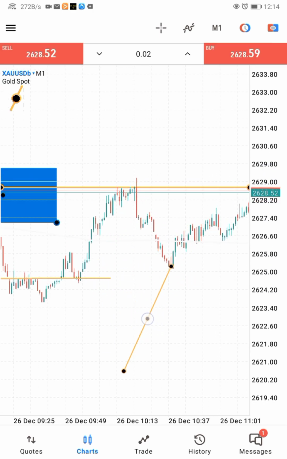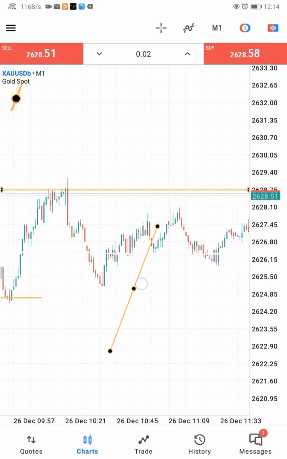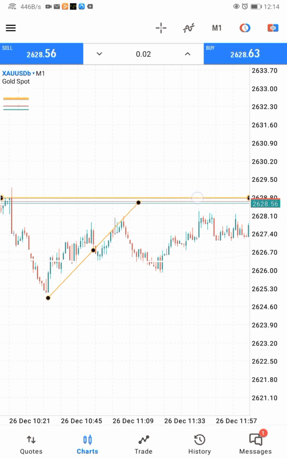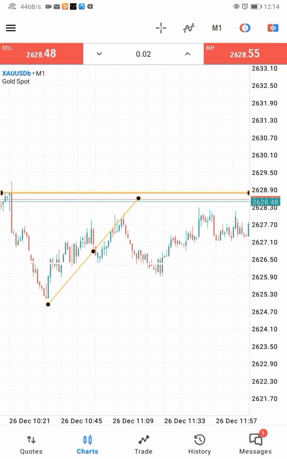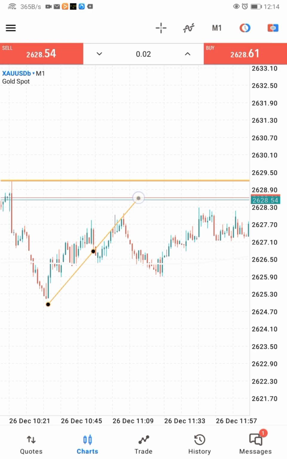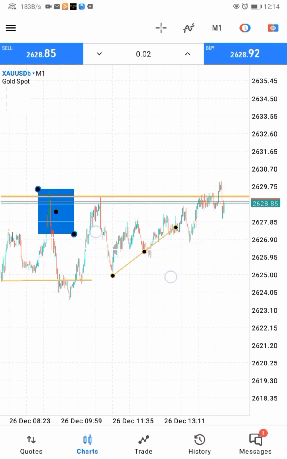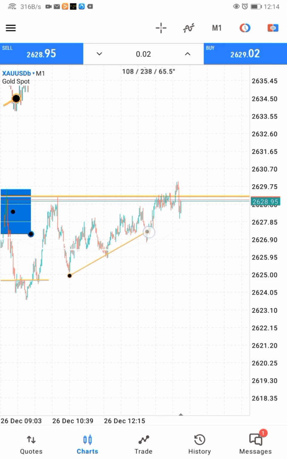But since then, this market has been consolidating. I was tempted to close out, but I said no, let me just see how it is, because at times it can be so manipulative. At last it will give you what you wanted, it will go in your initial direction. If not, I would have closed out, so I had to hold the trade.